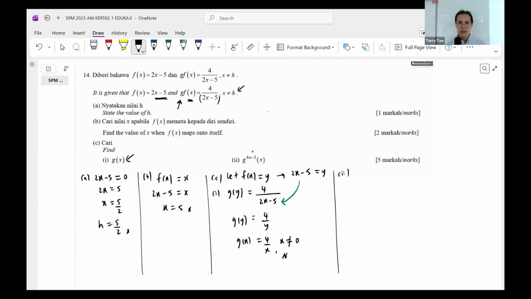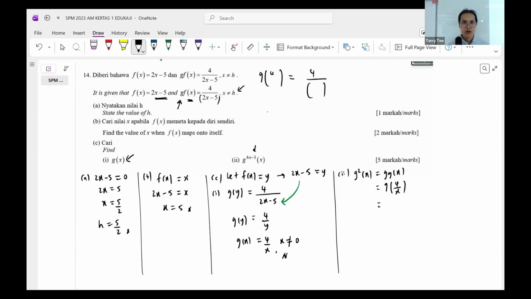You notice there's a g of 4n minus 3. So let us find our g2, g3, g4. So you can see here, g2x is g(g(x)). So what's your g(x)? Your g(x) is 4 over x. So if you sub, maybe I write g bracket as 4 over bracket.